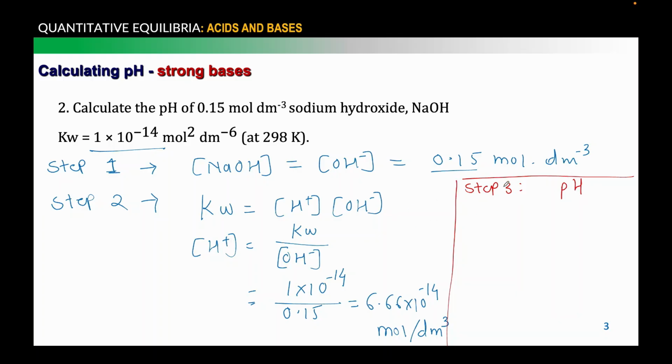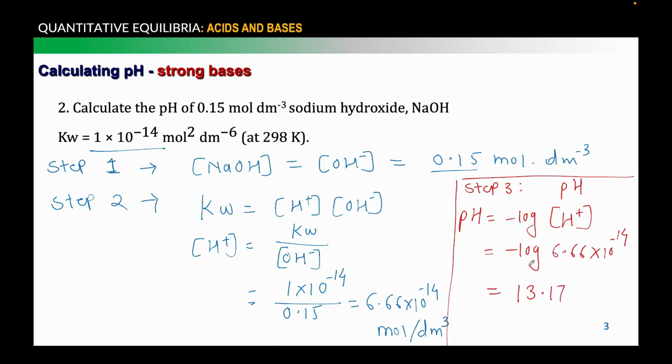So how to calculate pH? pH is equal to negative log, if you want to write, base 10, right? Otherwise the meaning of log is to the base 10. And H plus, so it is equal to negative log 6.66 into 10 to the power minus 14. Calculate, students, and note down the value. It is equal to 13.17.